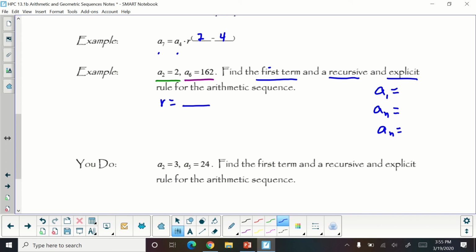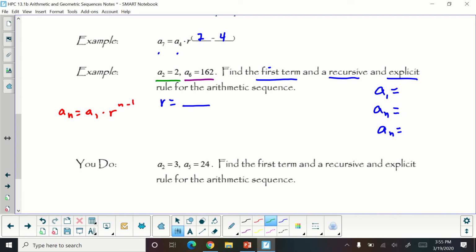So we're going to start with those two terms, and we're going to plug them into our explicit form just like we did with arithmetic. So let's just review that our explicit form for geometric is a sub n is equal to a sub 1 times r to the n minus 1.